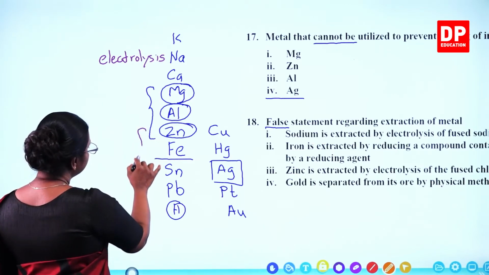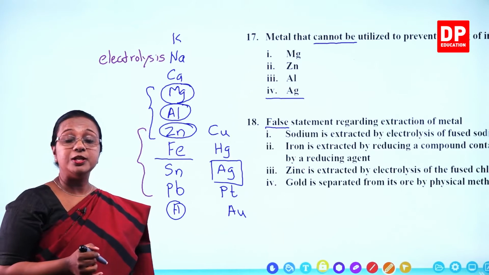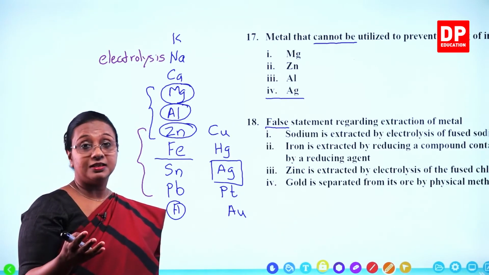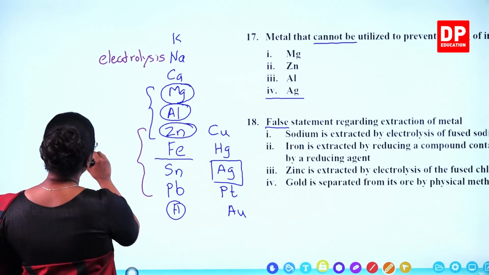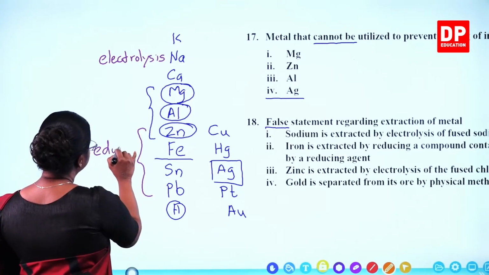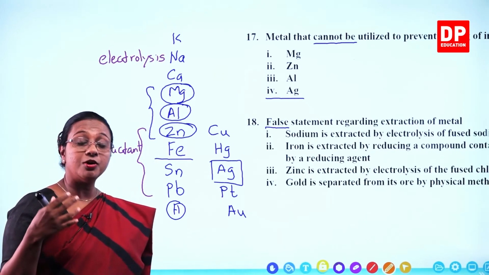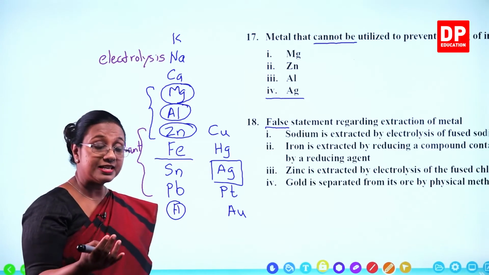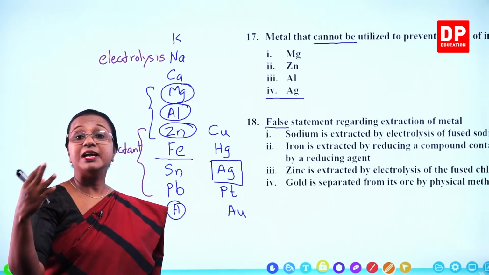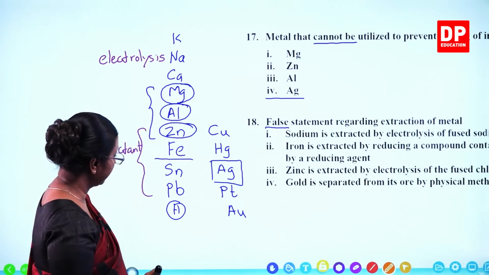Then for these metals like zinc, iron, tin, lead, what do we do? We use a reductant to reduce the metal from its compound. When we say reductant, it can be an element or a compound that is used to reduce the metal. For example, iron is reduced by carbon monoxide. So like that, these elements can be separated.